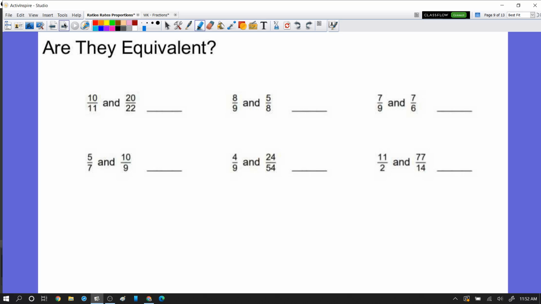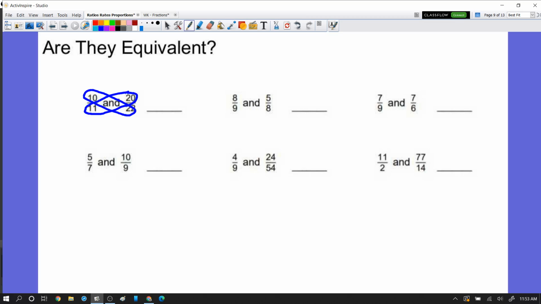And there's an easy way to do that in elementary school. It's called the butterfly method. I don't really care for that, but it's also called cross products. And the reason is because it finds common factors between the two opposite numbers. So if you're multiplying by those two and they have the same common factors, then they're going to end up being an equivalent ratio.